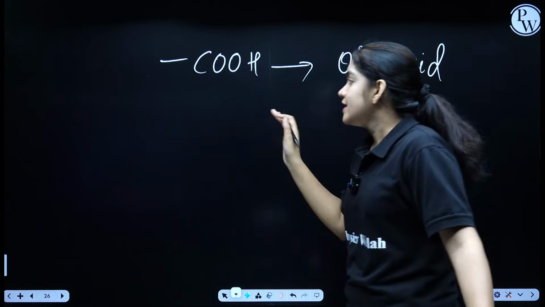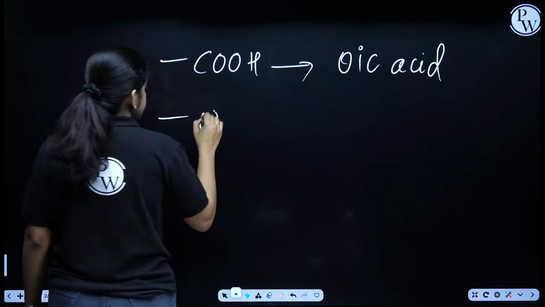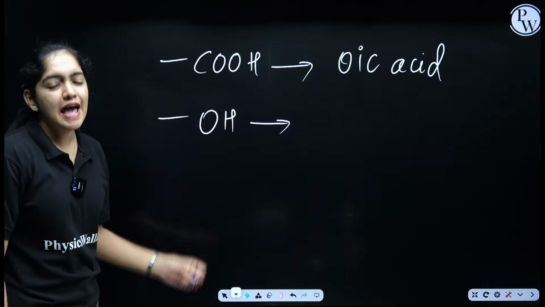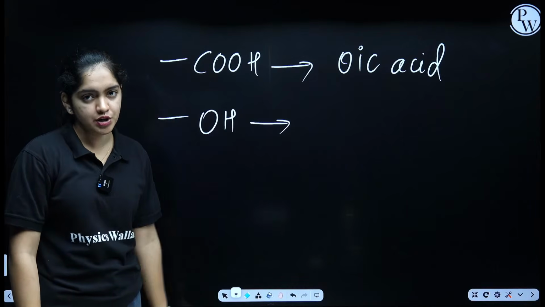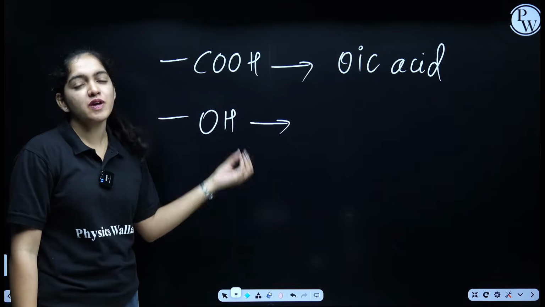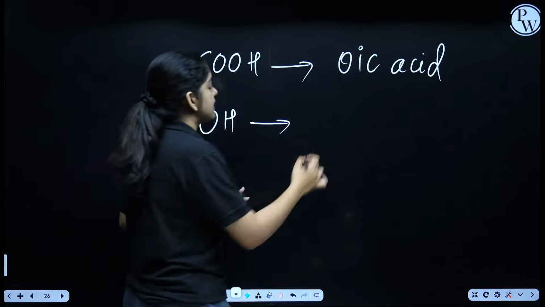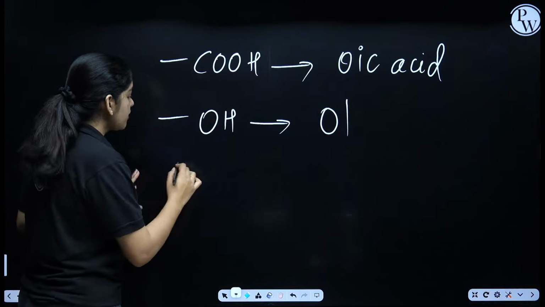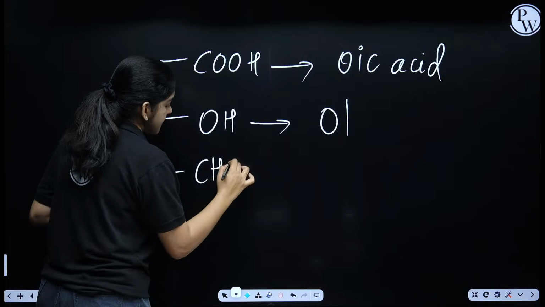Then the next functional group is OH. OH means alcohol, the hydroxyl functional group. If alcohol is present, the name will end with ol, O-L. Then the next important one is CHO.